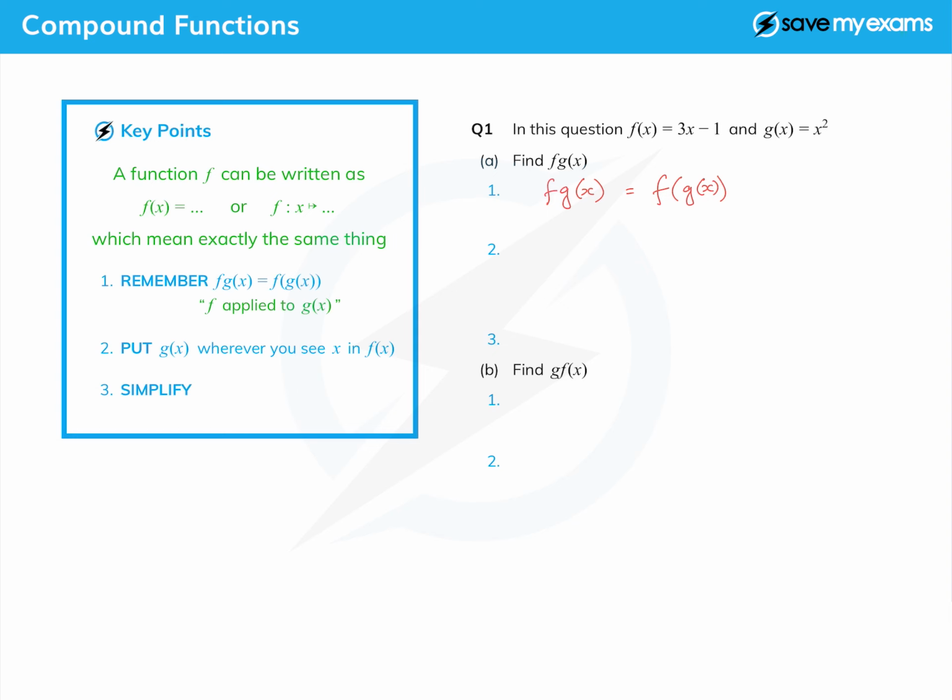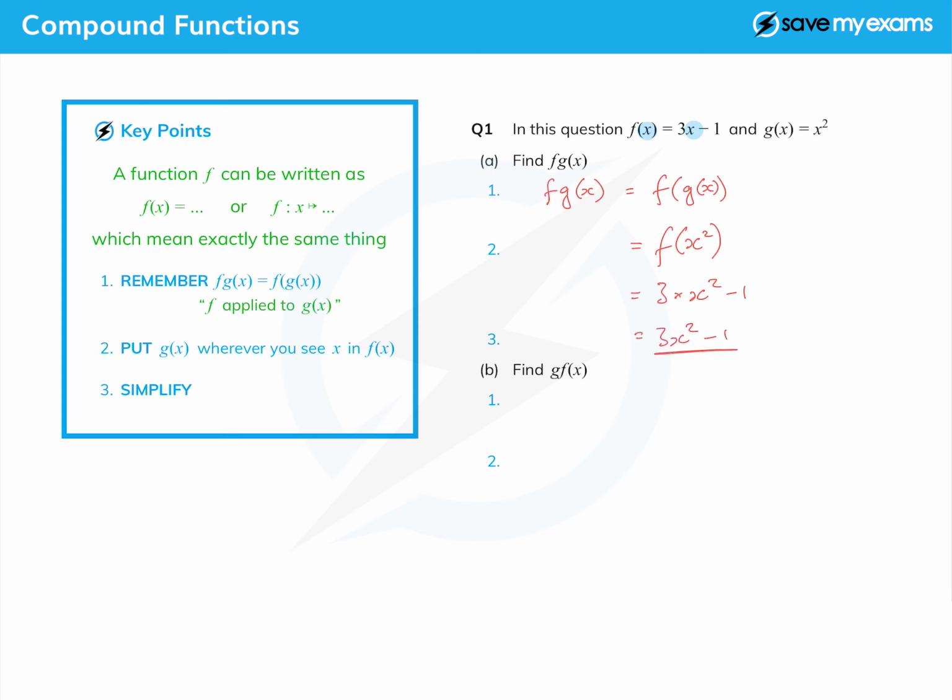But what is g of x? It's x squared. So now we're back to the basics of functions, that wherever I see an x in f of x, so here's f of x and there's just the one x there, I'm going to replace it by x squared. And so I get 3 times x squared minus 1. Okay, and although I don't need to do much simplifying here, I will just write that more neatly as 3x squared minus 1.